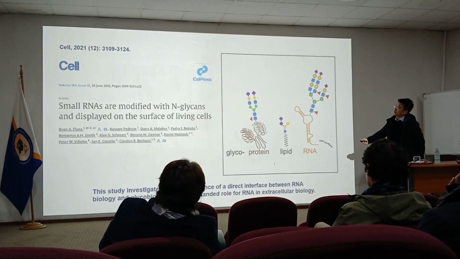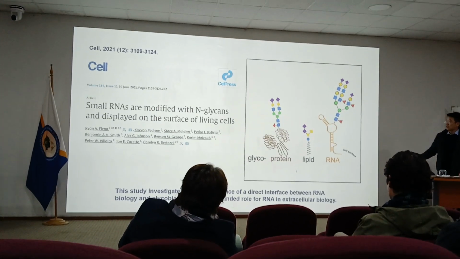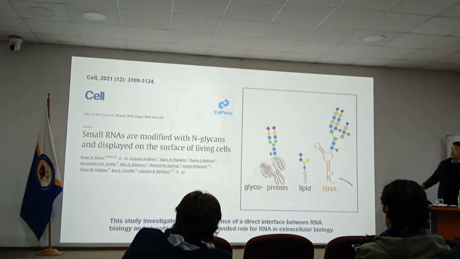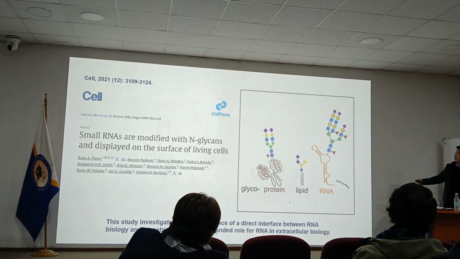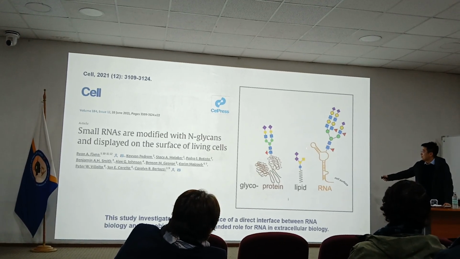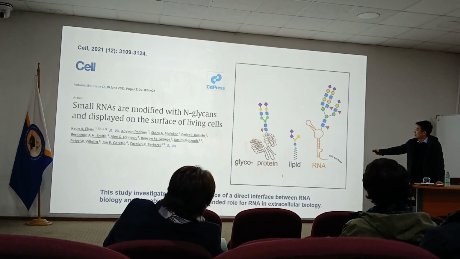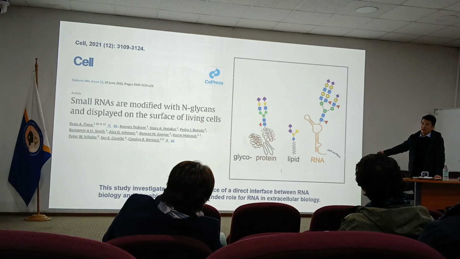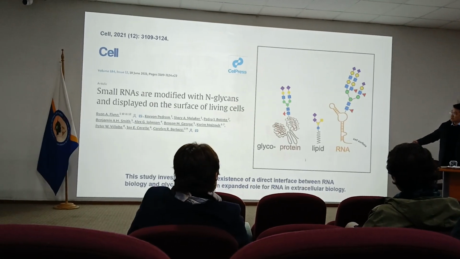It was published in Cell before she got the Nobel Prize. I think the paper also helped her get the Nobel Prize. Also, which enzyme adds the glycan to RNA and which enzyme removes the glycan from RNA is still unknown. I think whoever identifies this can also publish in CNS.